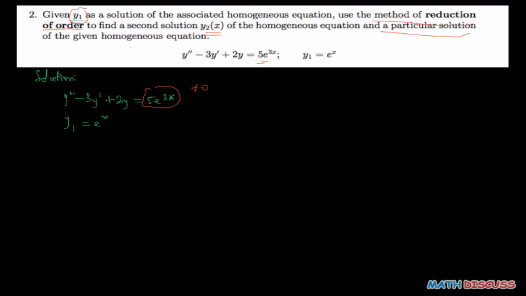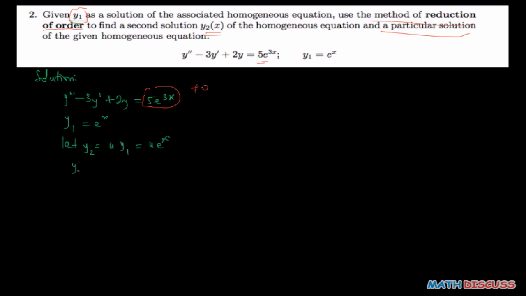Okay, in other words, like we've been doing so far, let y2 equal u of x times y1, that's u times e to the power x. So this is our y2. Now find y2 prime and y2 prime prime to satisfy this differential equation.